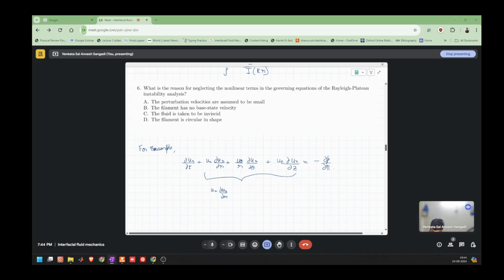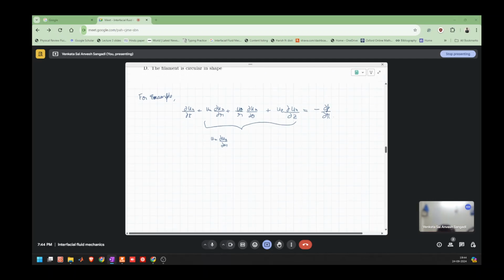In these types of situations, U is equal to U main, which is the main velocity, plus U fluctuation.